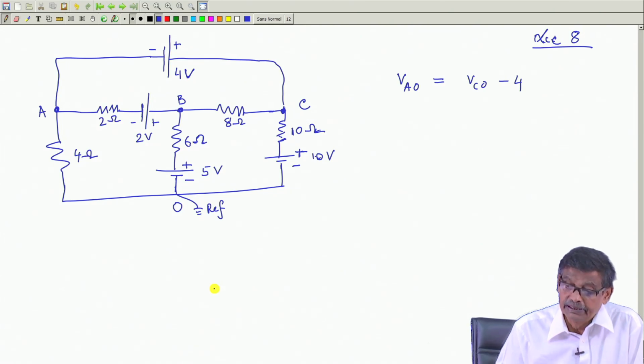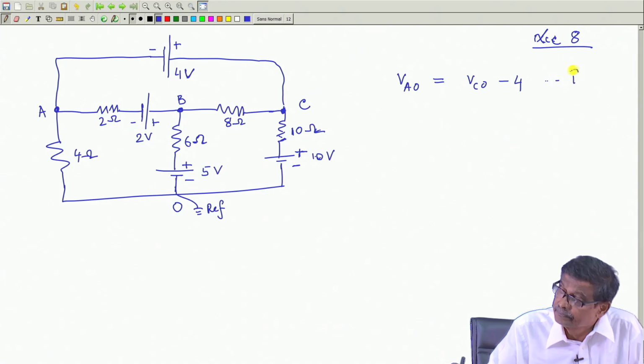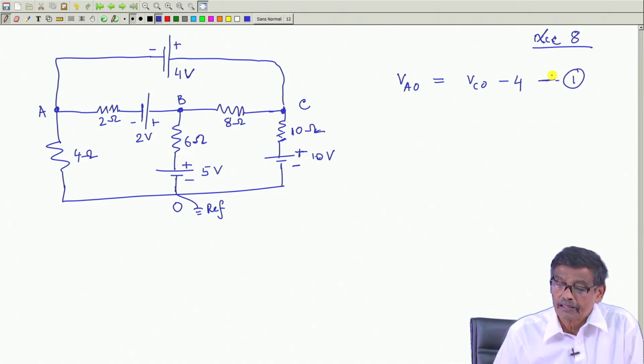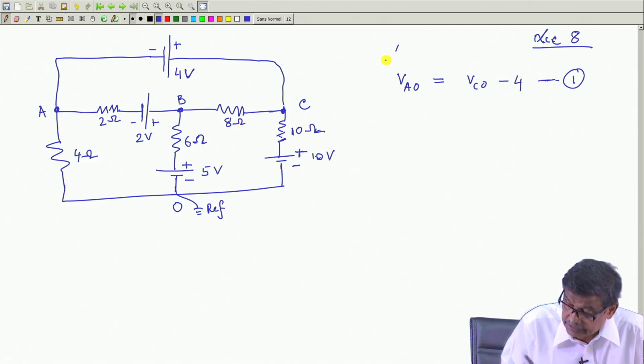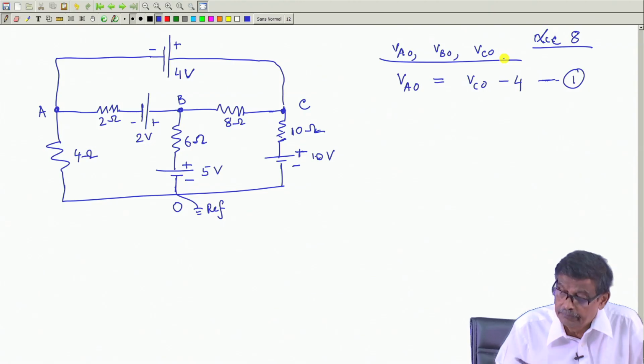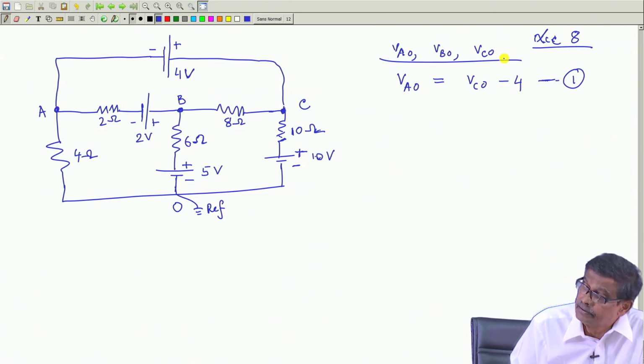If that be the case, this is one equation involving Va0, Vb0. Here what is the target? I have chosen this as my reference, Va0, Vb0 and Vc0.